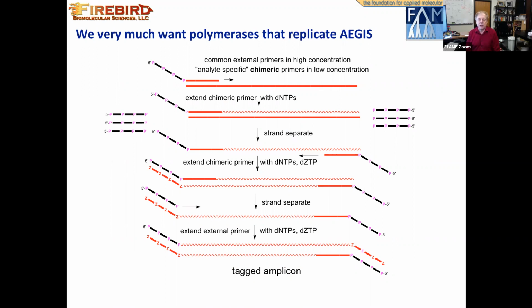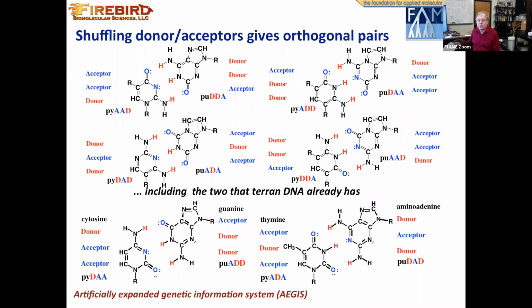Once you do the first cycle of PCR, the amplicon has tags with the funny base P, the component of the Aegis system, which we're going to expect you to have memorized by the end of this talk. It's the one in the middle on the right.